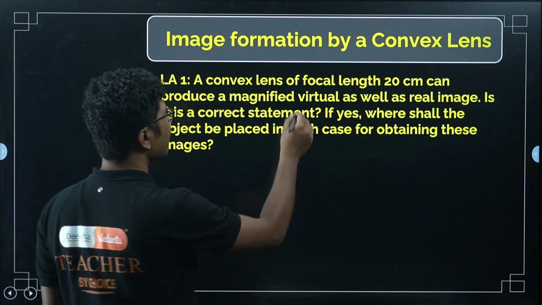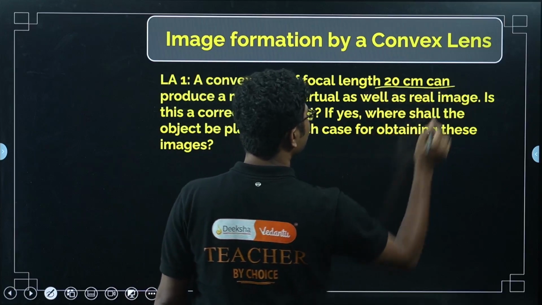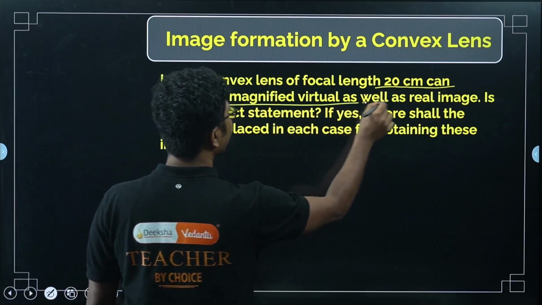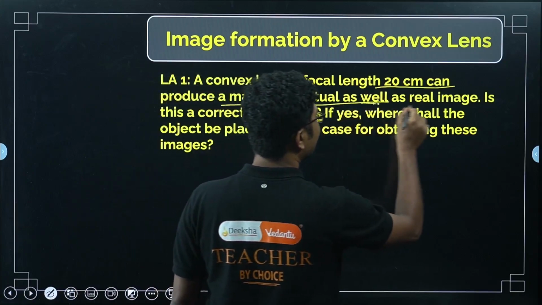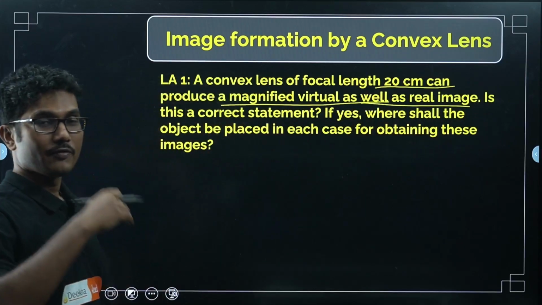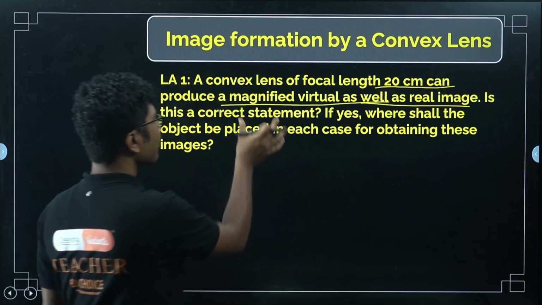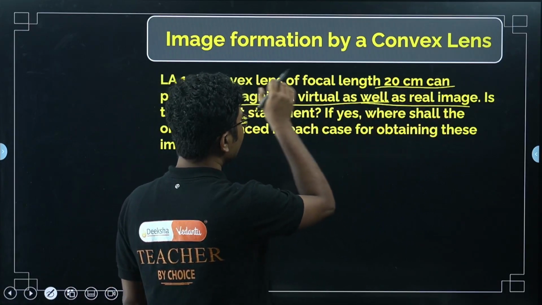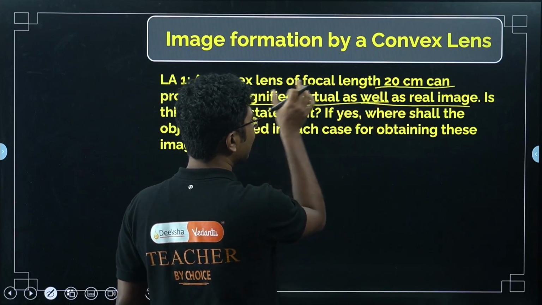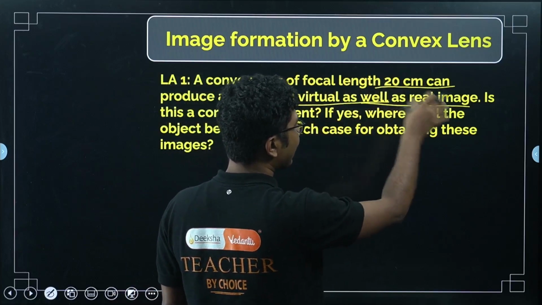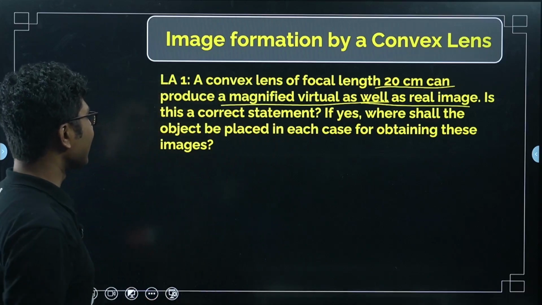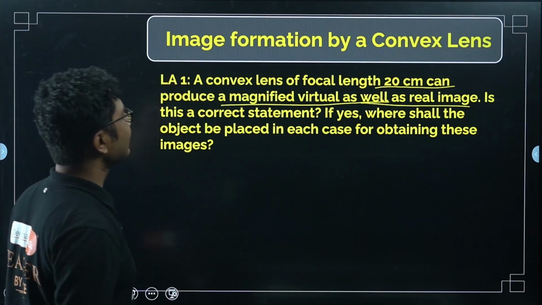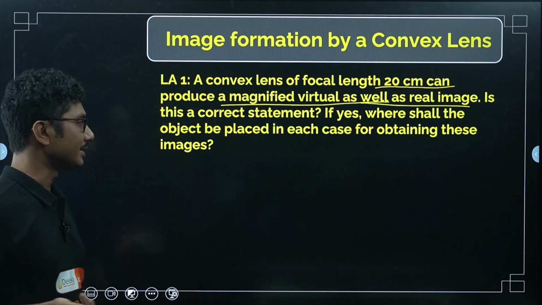Magnified virtual as well as real means this magnified is common, like x common, a plus b. Is this a correct statement? If yes, where shall the object be placed in each case for obtaining this image? Let us look into the answer.